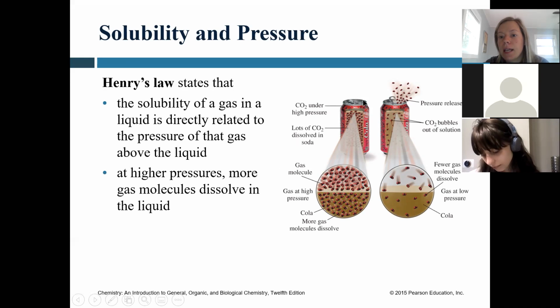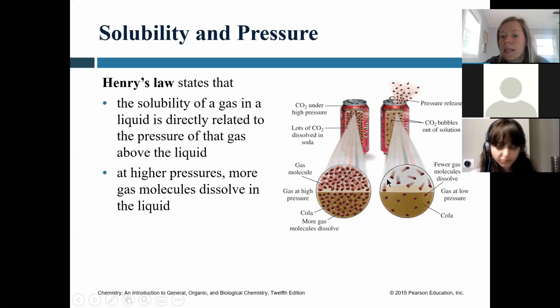It's like looking at a can of pop that's closed versus a can of pop that's open. In the can of pop where it's closed, this has a pressurized gas sitting above the liquid. So this pressure is what is keeping this gas in solution.